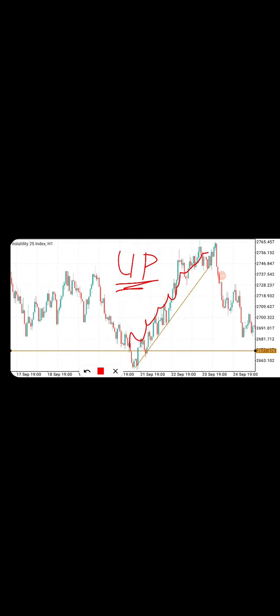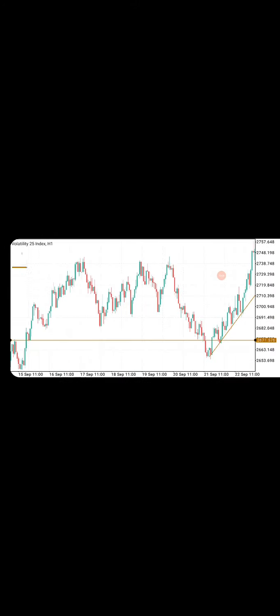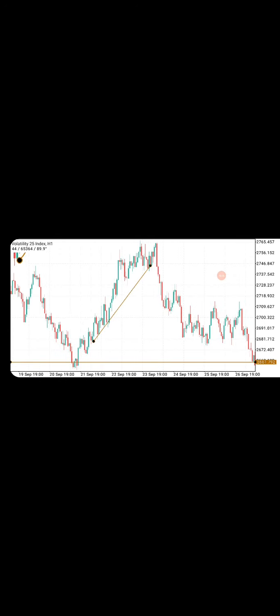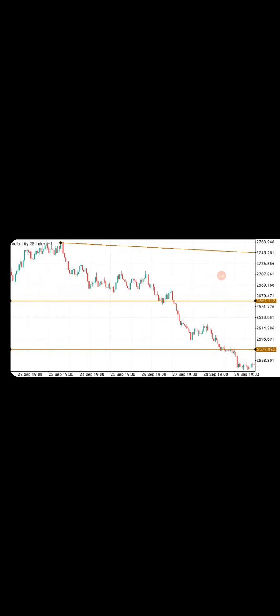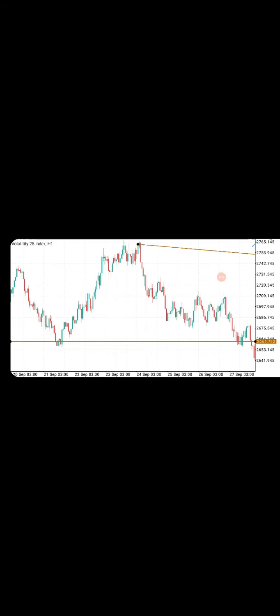Allow me to check again. This is an upward trend. Let me not go far. This is the downward trend. You can see that the market is moving, but from a general perspective the market is going down, right? Allow me to click on this thing again.